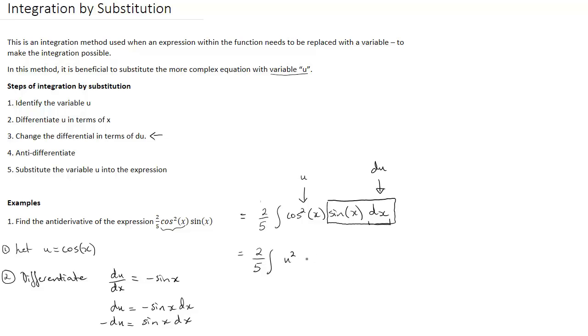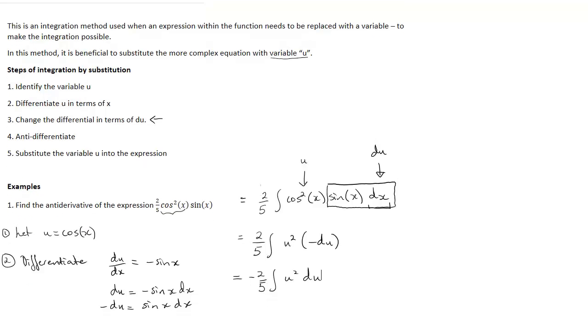So we're going to replace that whole thing with minus du, and I'm going to bring that minus up the front. By doing so, we've got u squared in terms of du.